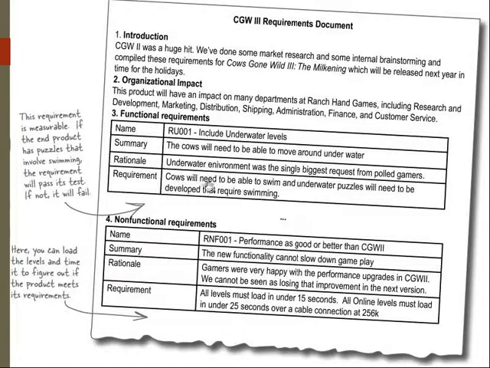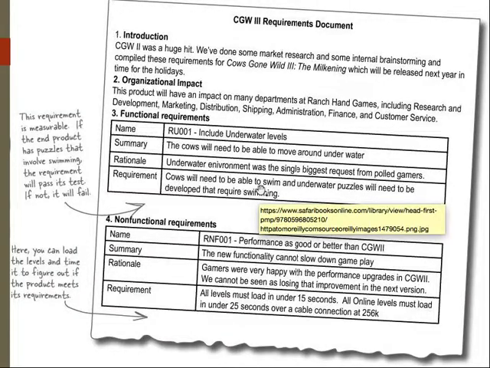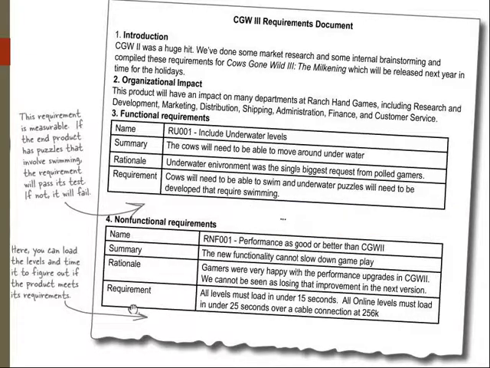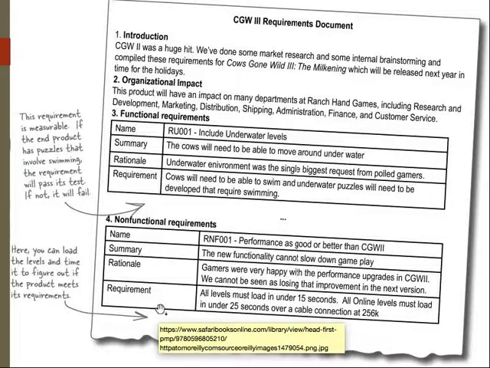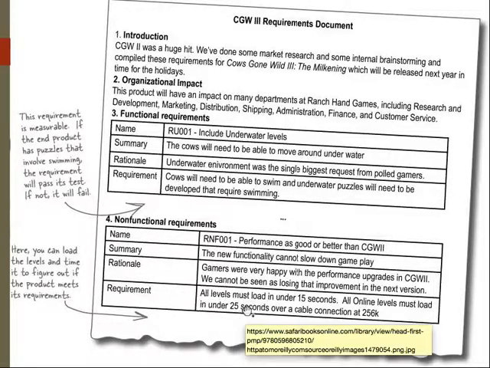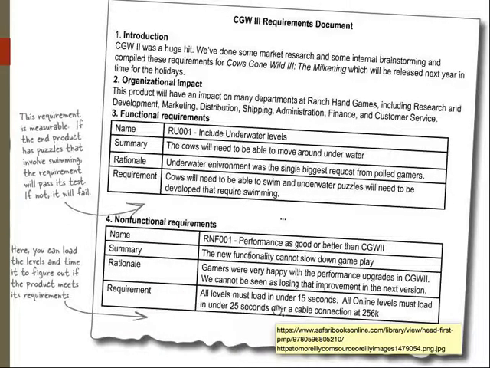And so we always say that a feature is black and white, because either the cow can swim or the cow cannot swim. For non-functional requirements, we want to be very careful, because when we say we don't want it to be slow, how slow is slow? So here it gives some actual time.